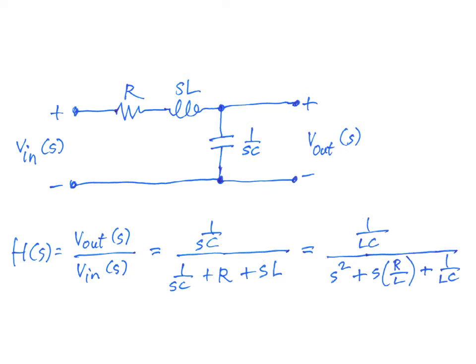Notice that the series impedance is R plus SL because they're in series. And then I've simplified it by multiplying top and bottom by S over L and expressed it now as a constant over a second order polynomial in S: S squared plus R over L quantity S plus 1 over LC.